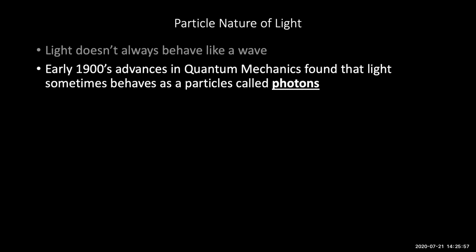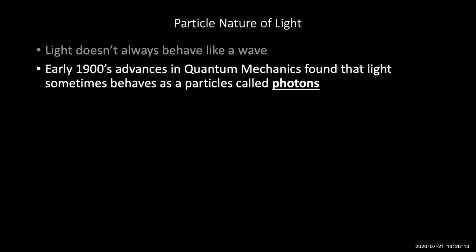So basically the idea behind photons is you can either treat light like it's behaving as a wave, in which case you have a frequency and an amplitude and all that jazz, or you can treat it like a stream of particles.